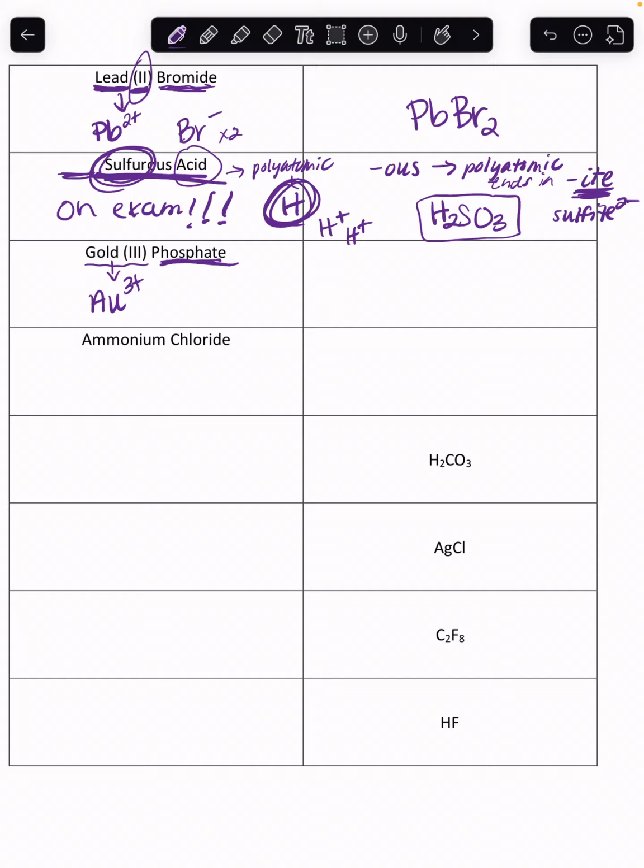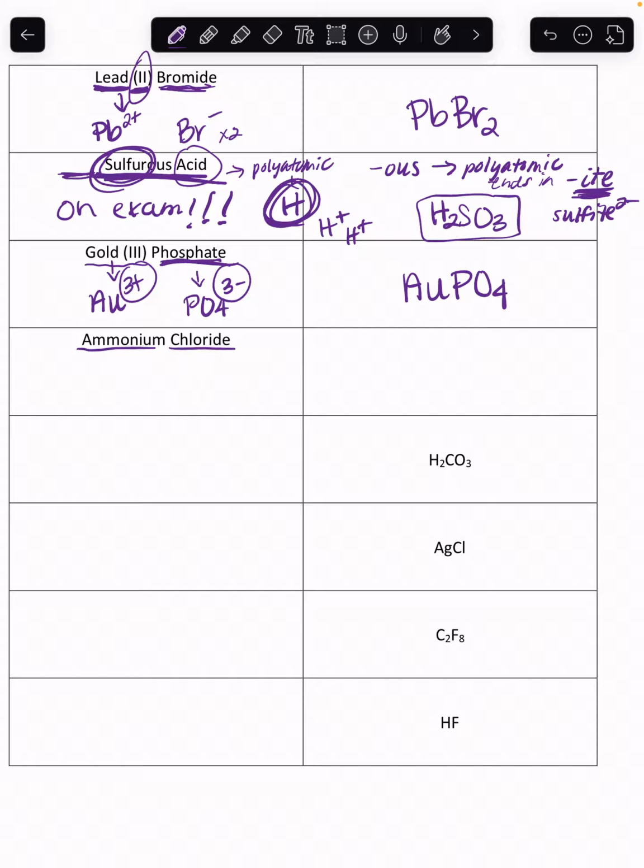Polyatomic. Flip to your polyatomic sheet, and you will find that phosphate is PO4 3-. So this is getting real easy, isn't it? Now I have a +3 charge on my gold and -3 on my phosphate. When I put them together, it's AuPO4. Gold 3 phosphate. All right.